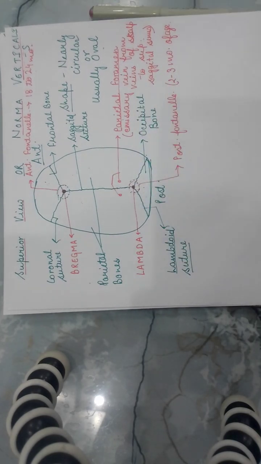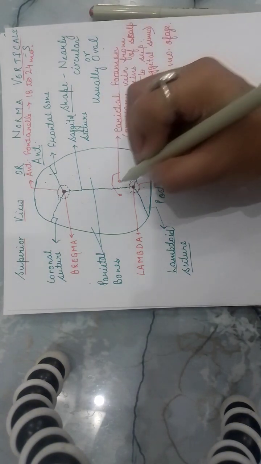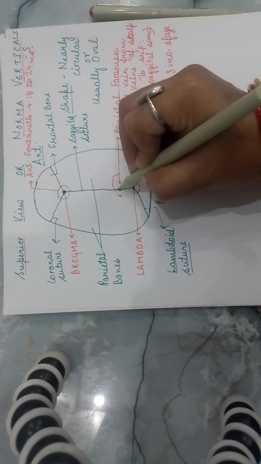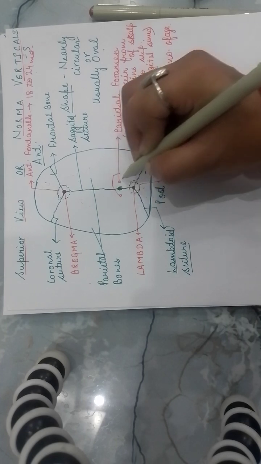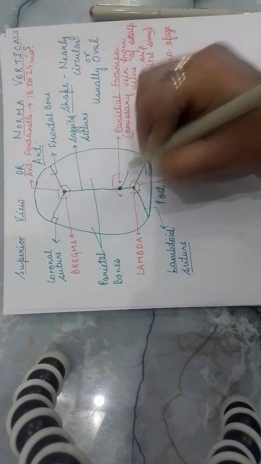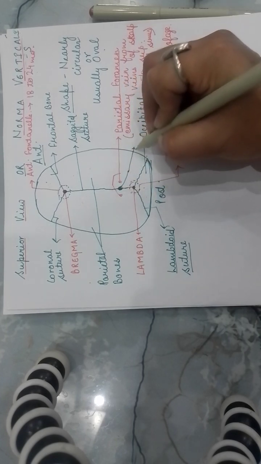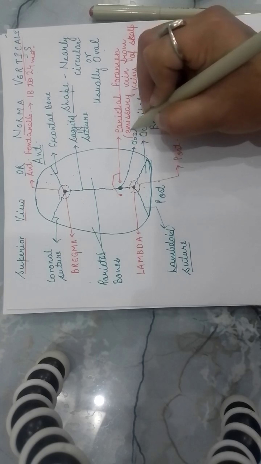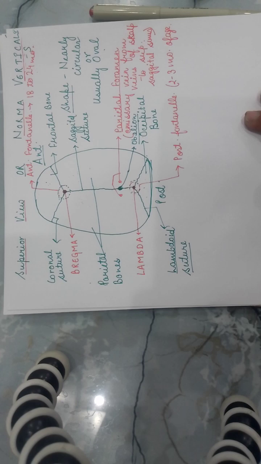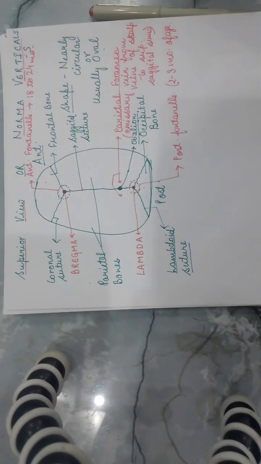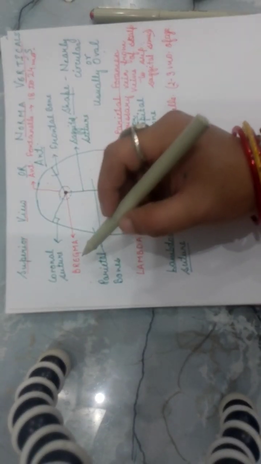Now, between these two parietal foramina there is a point on the sagittal suture which is known as obelion.